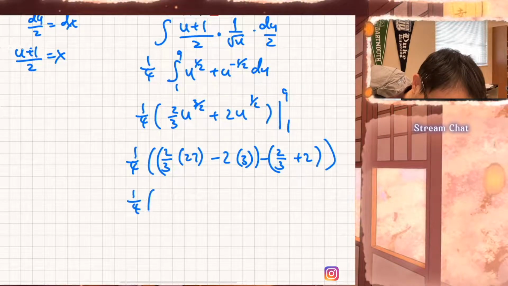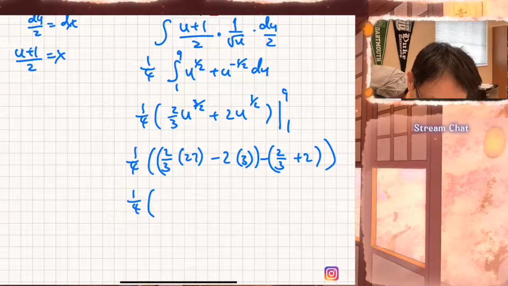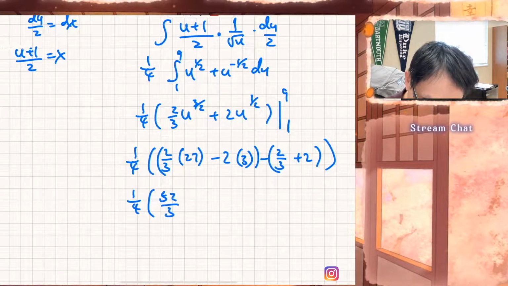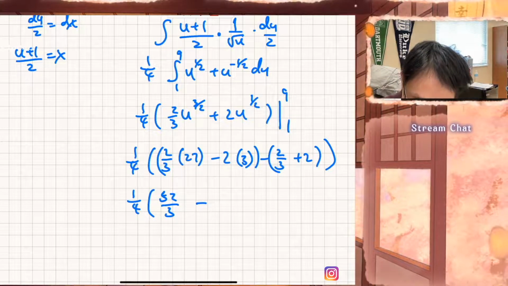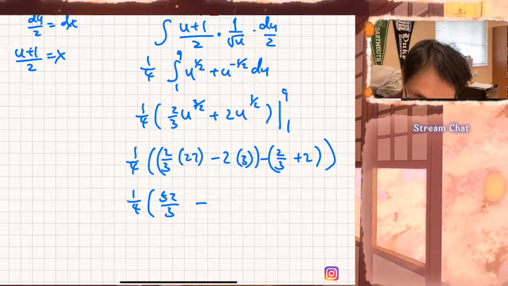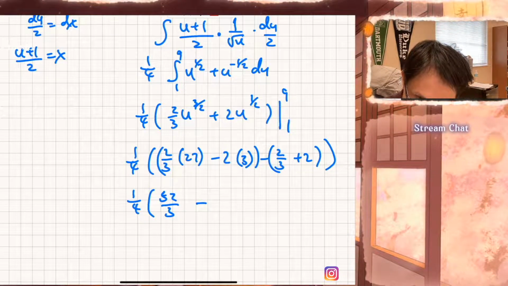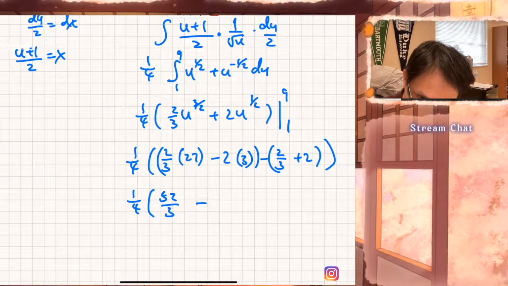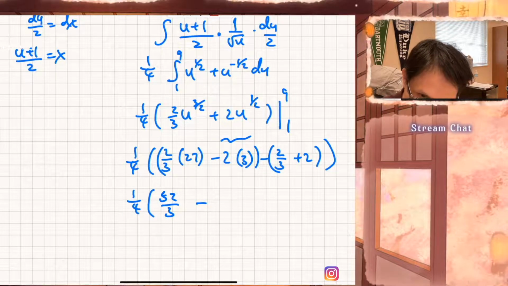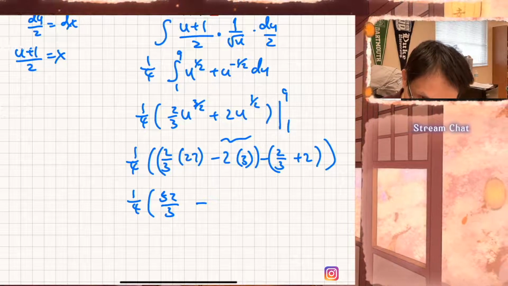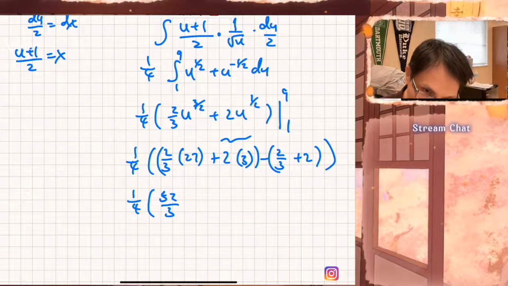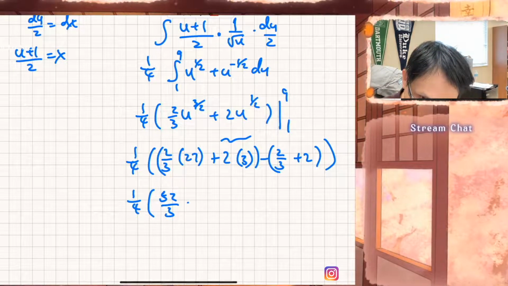So 1 over 4 of this one is going to be 54 minus 2 over 3, so it would be 52 over 3, and minus 6 plus 4. Sorry, this one is plus 6, so it would be 6 minus 2, so is it plus 4?